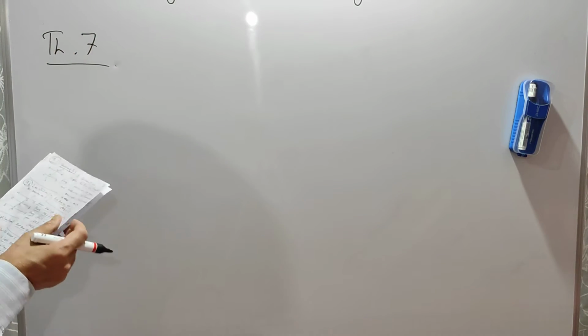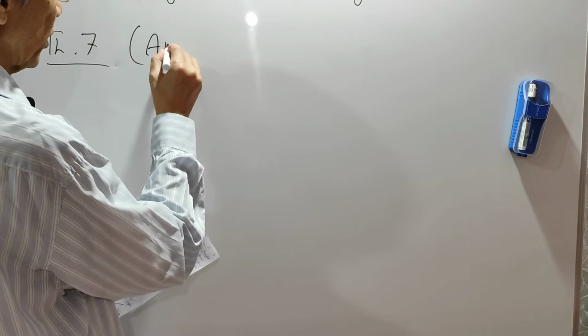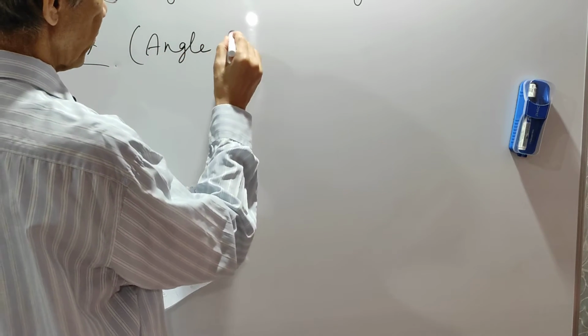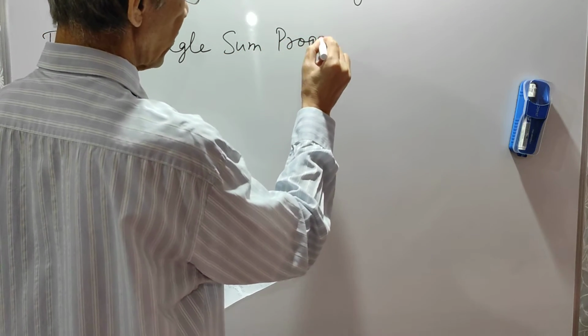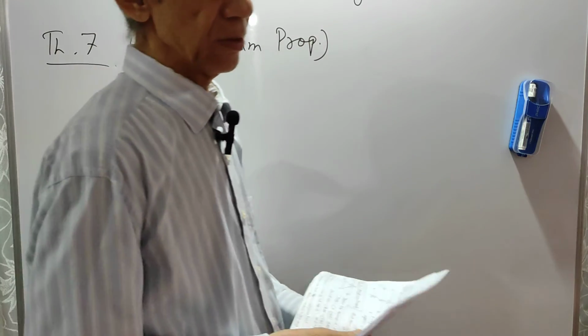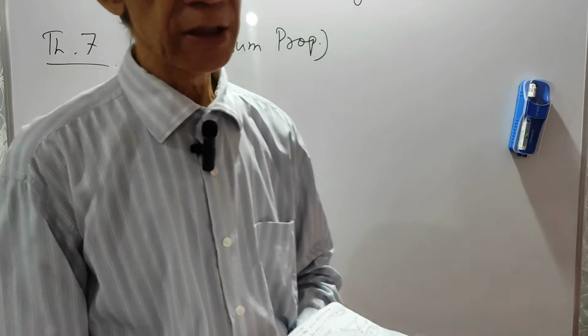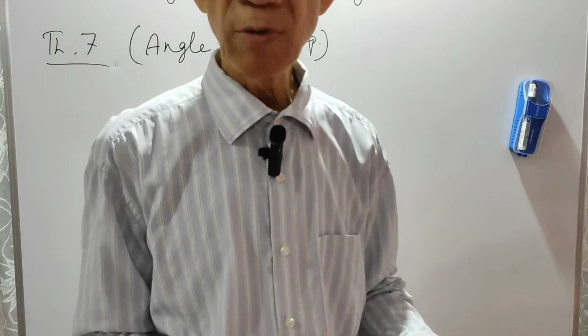Now theorem 7. This is called the angle sum property of a triangle. That means it says the sum of all the angles of a triangle is 180 degrees.